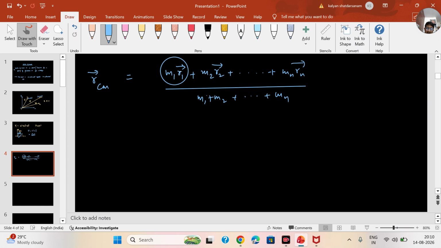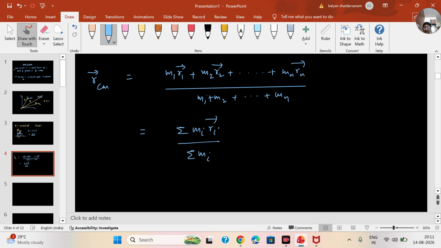If r1 is a position vector, when you multiply it with mass, it changes its length appropriately and becomes a new vector. So all these are vectors. When you add them, you get a vector, and then you divide it by the total mass to give another vector that we call the position of center of mass. You can write it in sigma notation: sigma mi ri by sigma mi.